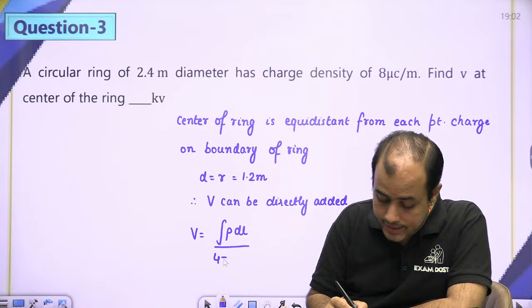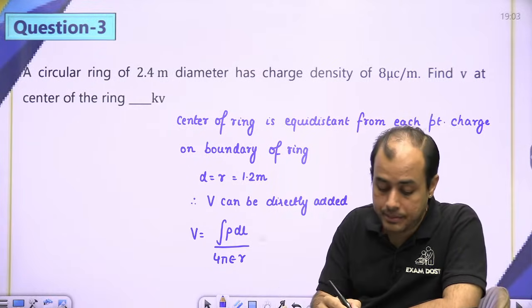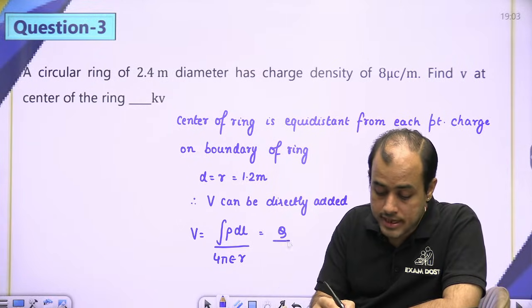So you can directly add the potential because denominator will be same. So it is same as a point charge.